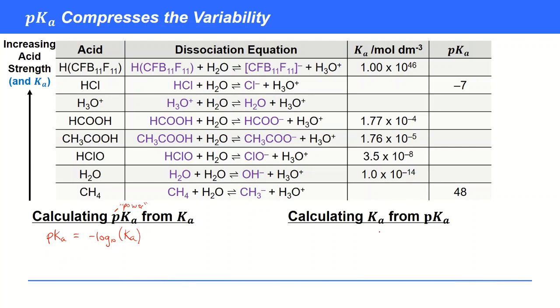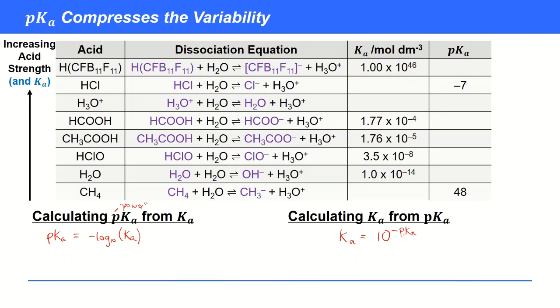It's like saying, if I have a Ka, what power do I put here to get the Ka value? That quantity is the pKa, or minus the pKa. So the logarithm tells me what power do I put 10 to the minus in order to get Ka.